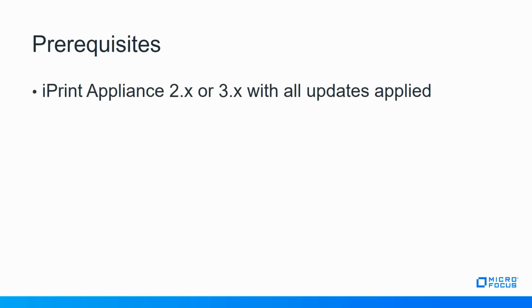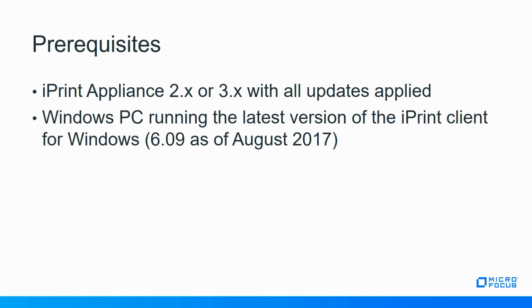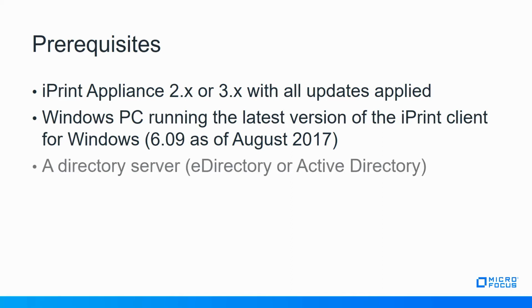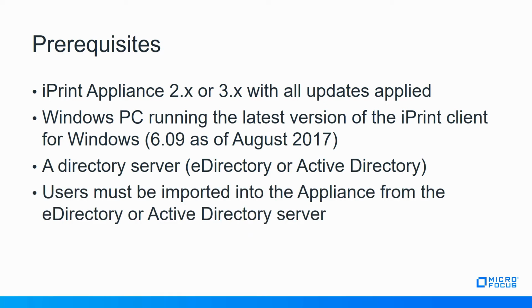The prerequisites for configuring ICM are an iPrint appliance 2.x or 3.x with all updates applied, a Windows PC running the latest version of the iPrint client for Windows, which as of August 2017 is version 6.09, a directory server, either eDirectory or Active Directory, and users must be imported into the appliance from the eDirectory or Active Directory server in order to give them accounts on the appliance.